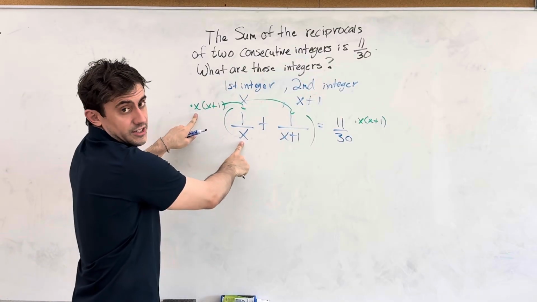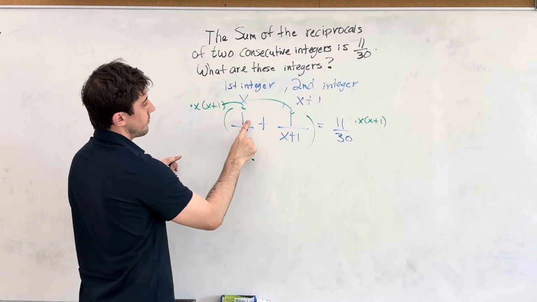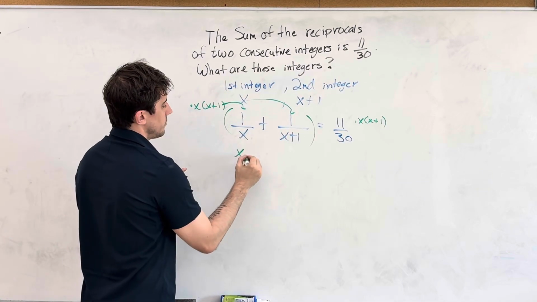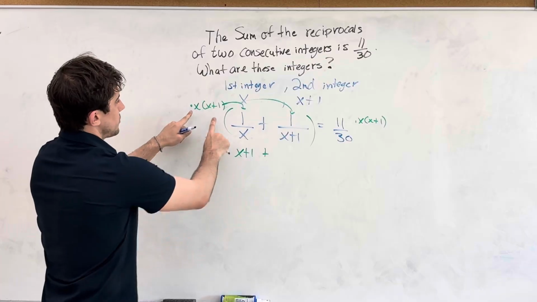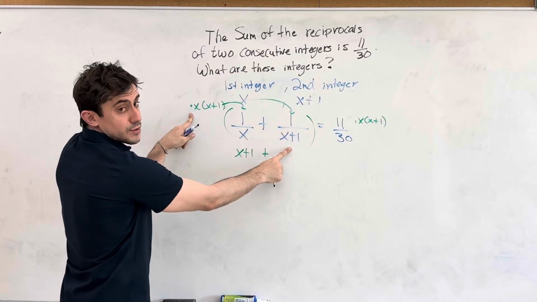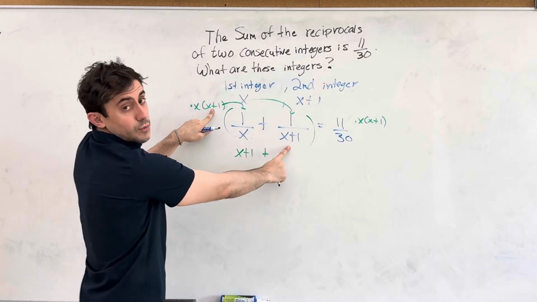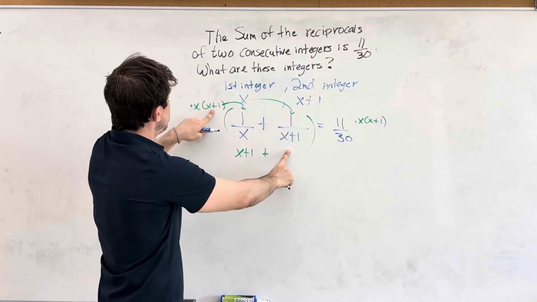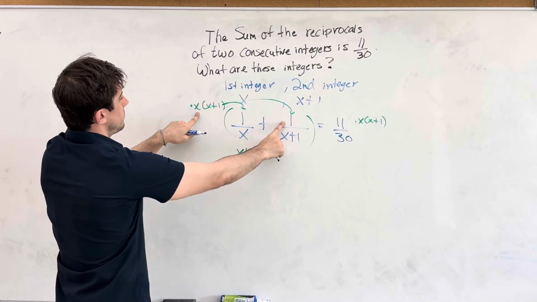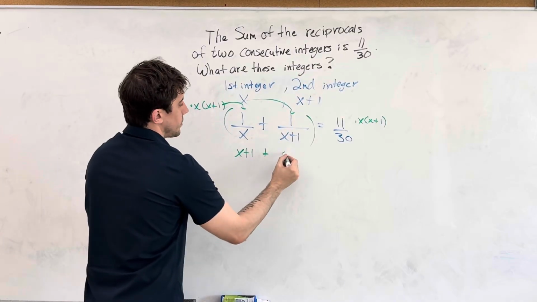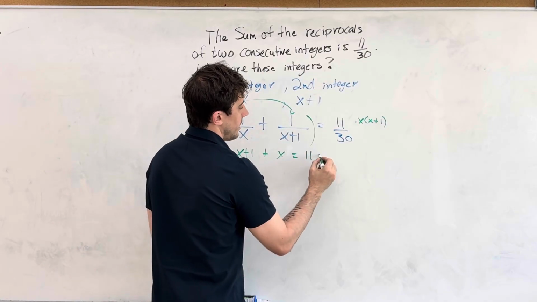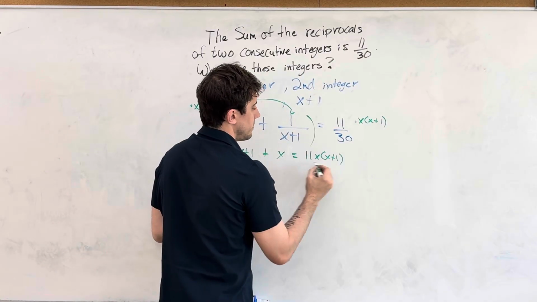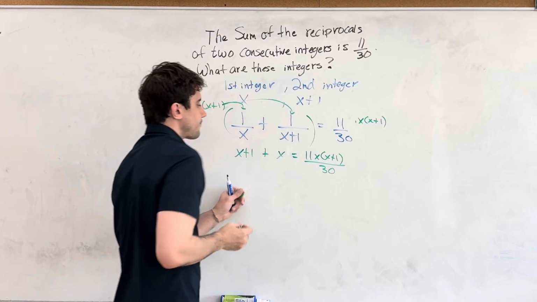The x's are going to cancel out. And so we'll just have 1 times x plus 1, which is x plus 1, plus x times x plus 1 times 1 over x plus 1. This time, the x plus 1 factors will cancel out. So all that'll be left will be the 1 times the x, meaning plus x. And on the other side, we'll have 11x times x plus 1 all over 30.